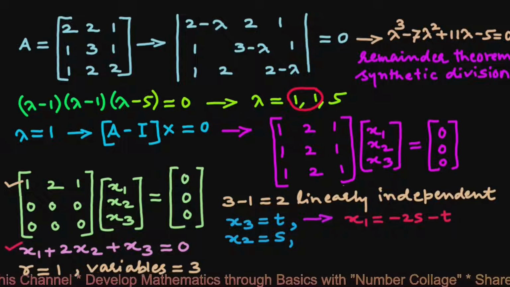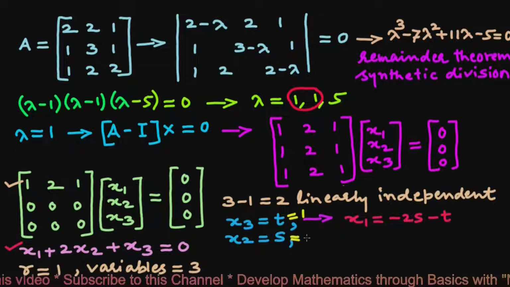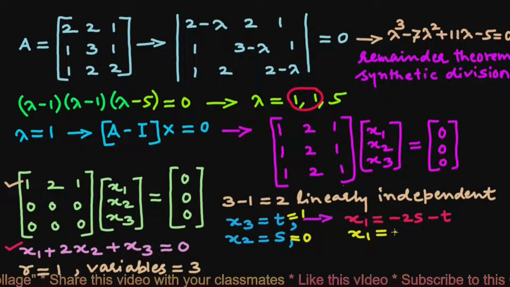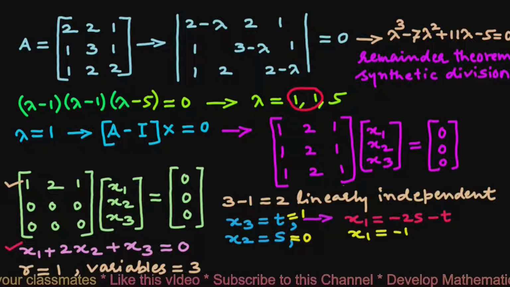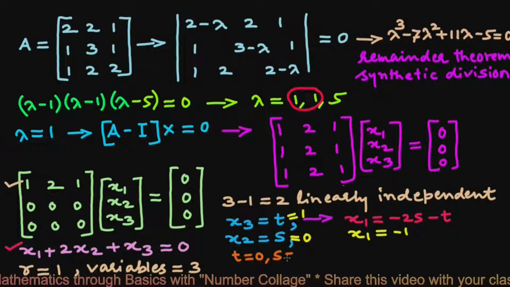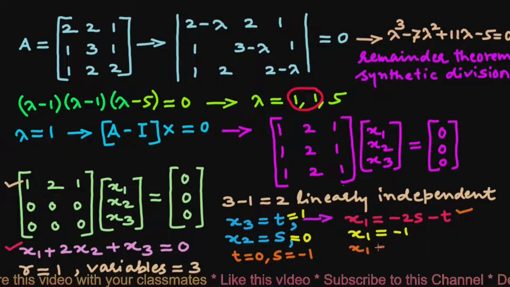Now for convenience, if we put t equals 1 and s equals 0, that will give us x1 equals minus 1. And next, if we put t equals 0 and s equals minus 1 in this equation, then we will get x1 equals 2.